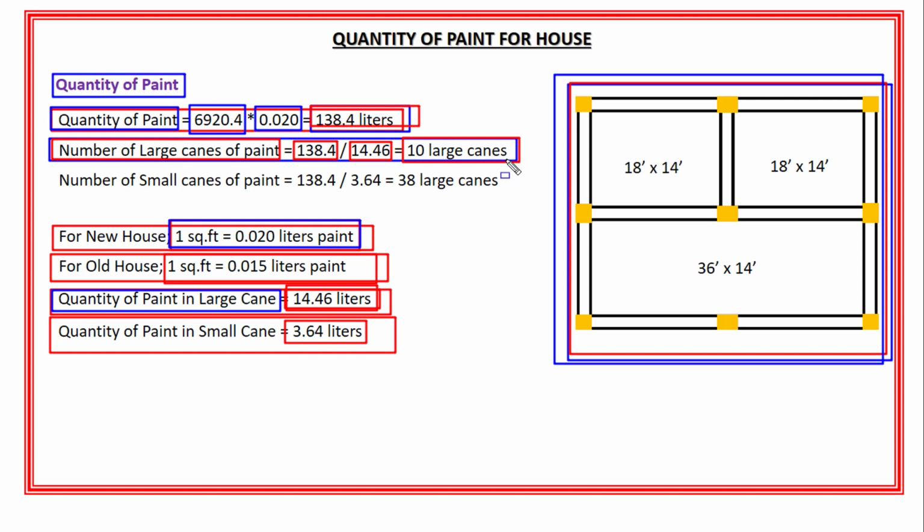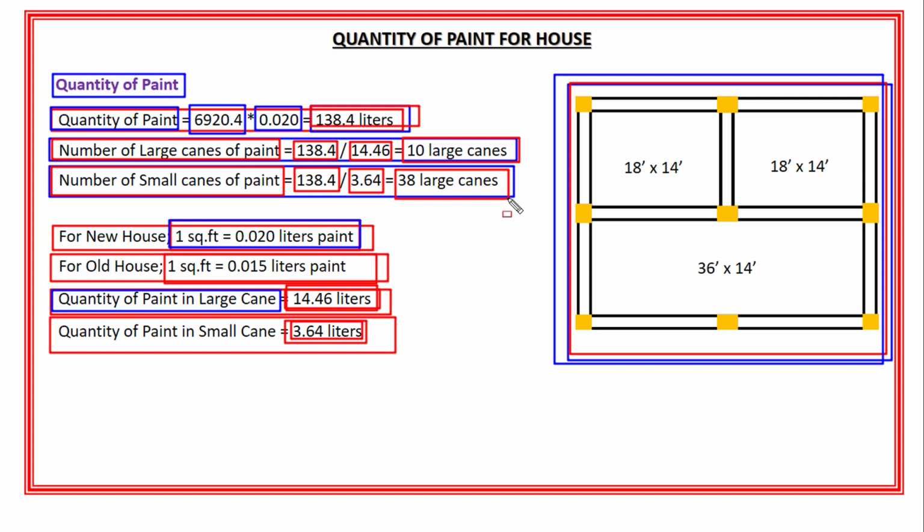Okay? Similarly, the number of small cans of paint is equal to 138.4 divided by quantity of paint in small cans, which is 3.64 liters. And the total number of small cans of paint is equal to 38 cans, right?